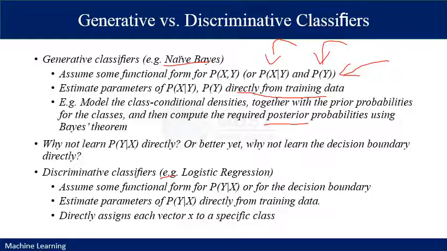Discriminative classifiers assume some functional form in terms of posterior probabilities or for the decision boundary.